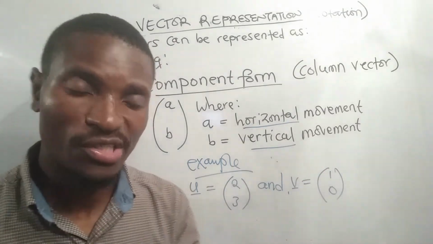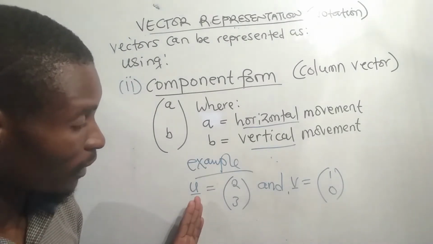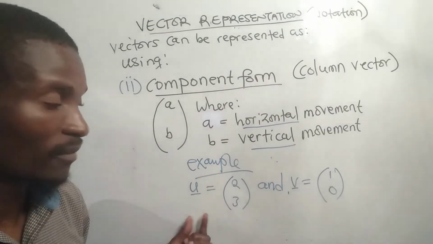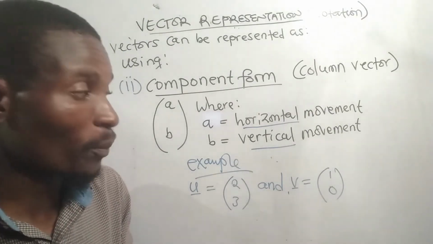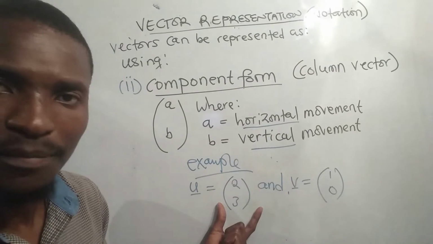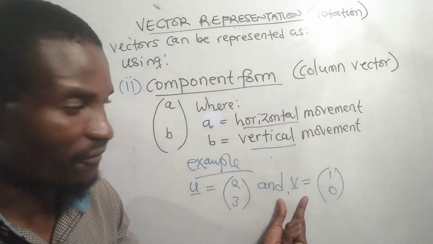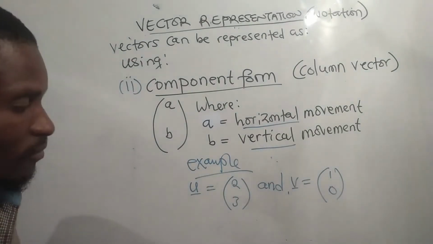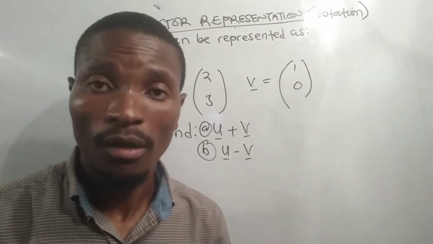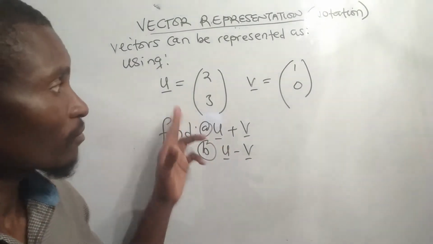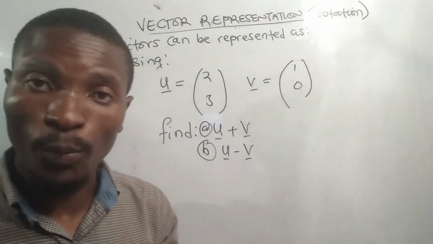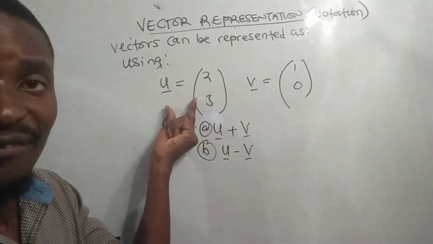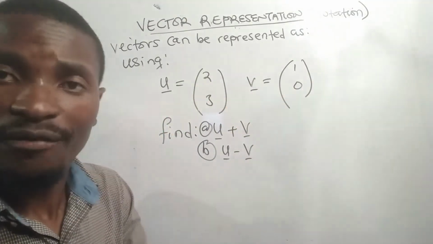Remember that we talked about vectors being represented using small letters. You underline them, but we can also refer to them as component vectors. So you can have those vectors in component form, and then the question can be: find the sum of vector u and vector v.